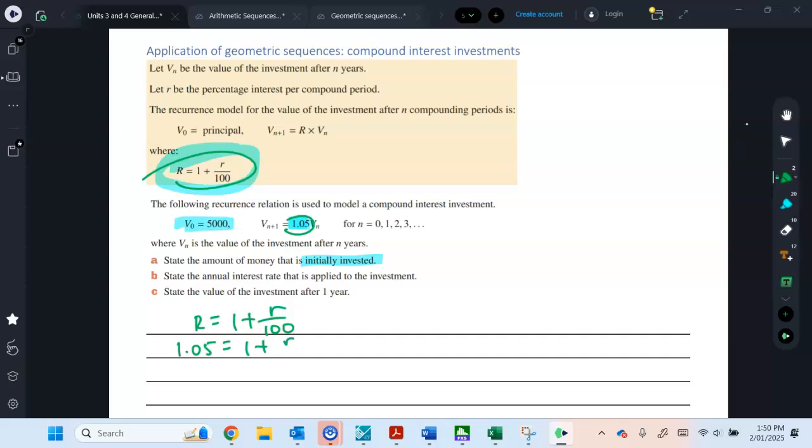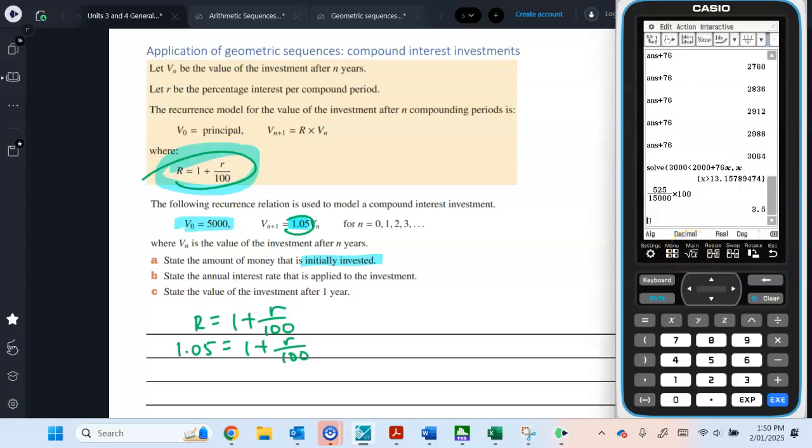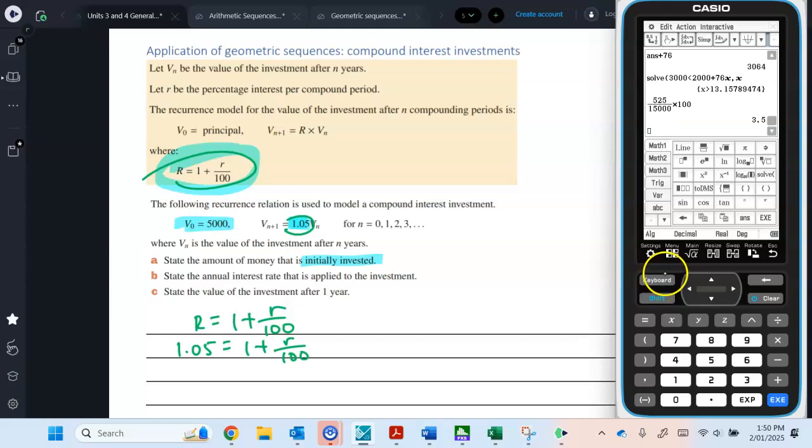Some people will be able to solve that without doing any calculations, but I'm going to show you how in case you're not confident doing it in your head. We can always just go to solve. 1.05 is equal to 1 plus x over 100.